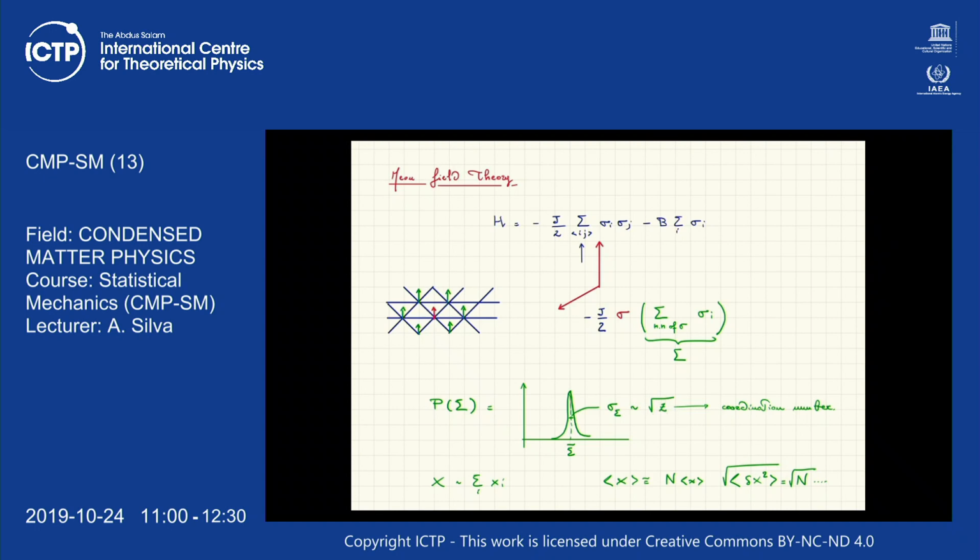But then we have a situation in which the average will scale like z, the standard deviation will scale like square root of z, and therefore the relative fluctuations will scale like 1 over square root of z, and in the limit of z going to infinity, z being very, very large, will go to 0. So this function, p of sigma, is going to be strongly peaked around the average value.